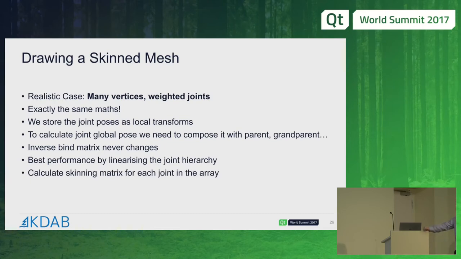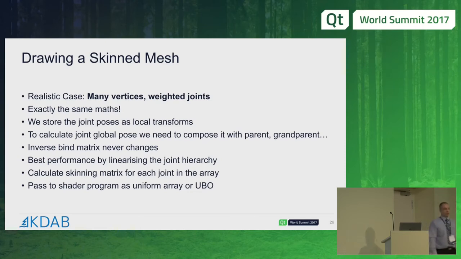So we calculate the skinning matrix for each joint in our skeleton, and then we pass that over to the renderer, which converts that into a uniform array or a uniform buffer object and passes that to OpenGL. That means all the heavy work of multiplying each of our vertices by that skinning matrix can be done on the GPU. All the CPU has to do is update the positions of the joints; the heavy lifting is done by the GPU.